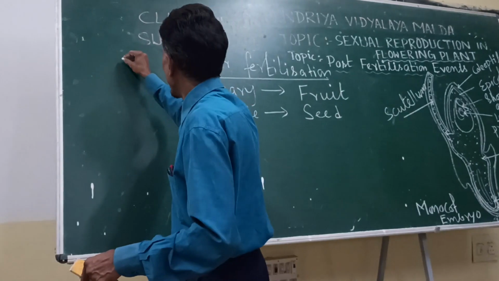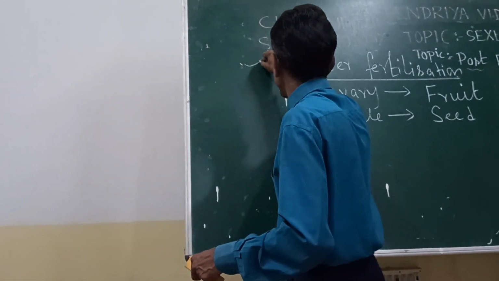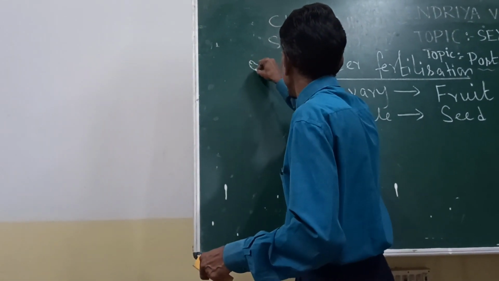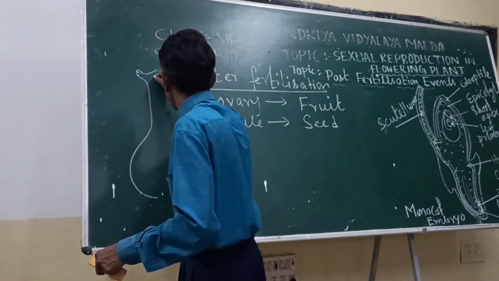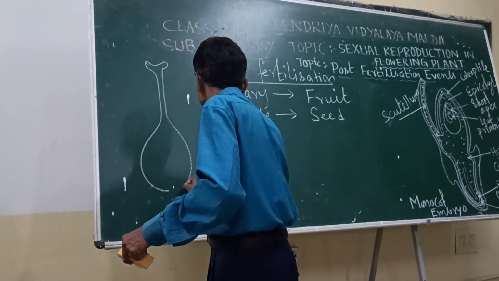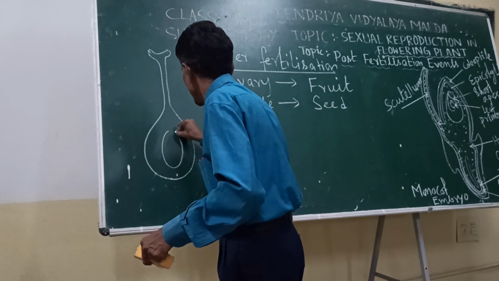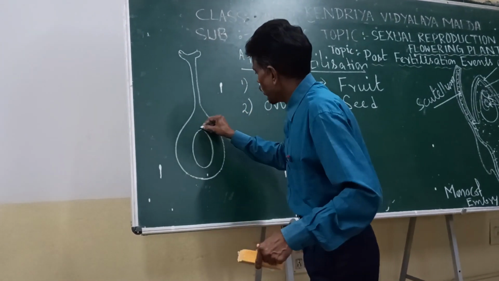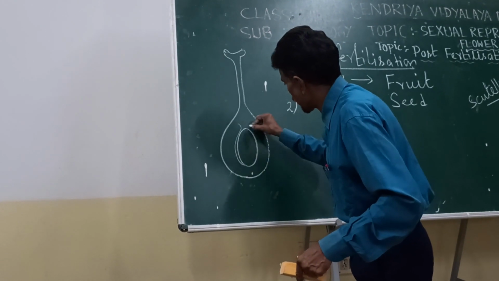If I again try to make you remember the structure of a pistil which contains ovule, the ovule is surrounded by two layers of integument.